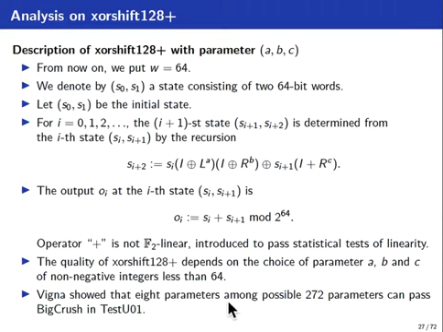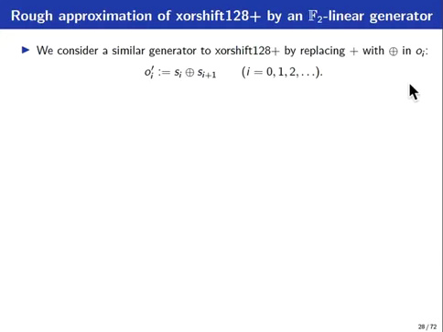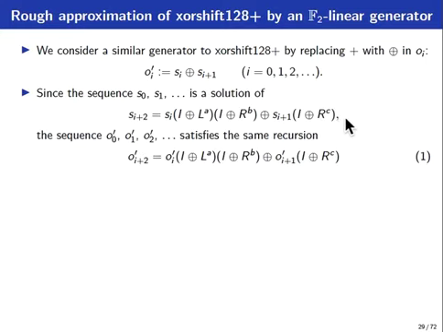Vigna showed that 8 parameters can pass BigCrush in TestU01. As a rough approximation, we replace + with ⊕ in the output transformation. Then the new output O' is F2-linear. Namely, O' satisfies this linear recursion.